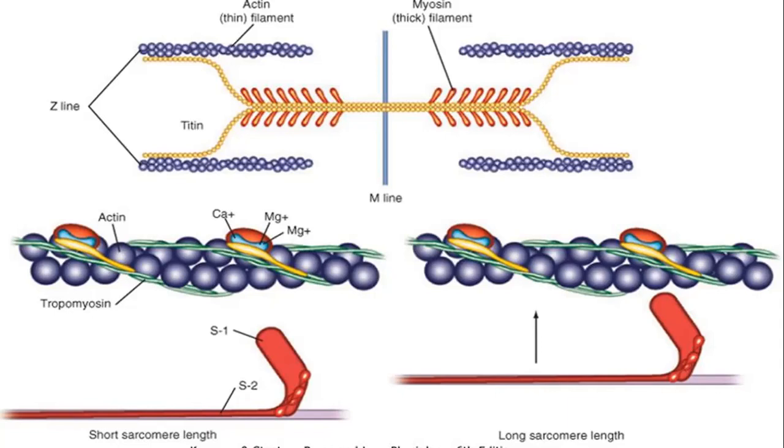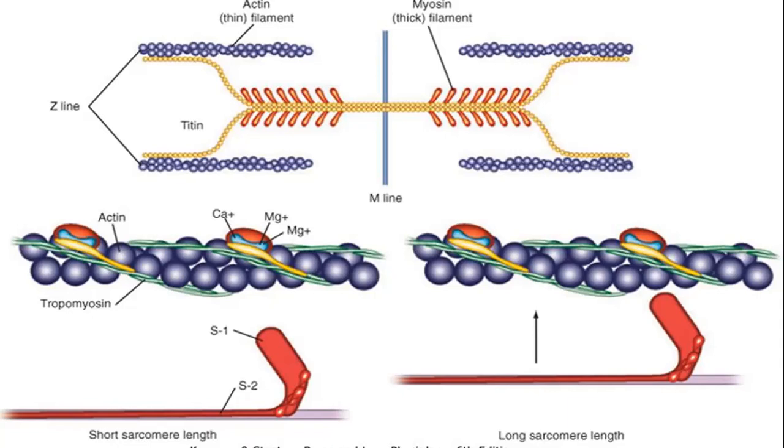The long action potential found in the cardiac muscle, which is due to the activation of the voltage-gated L-type calcium channels, results in the long refractory period, and this is the cause that prevents tetany.